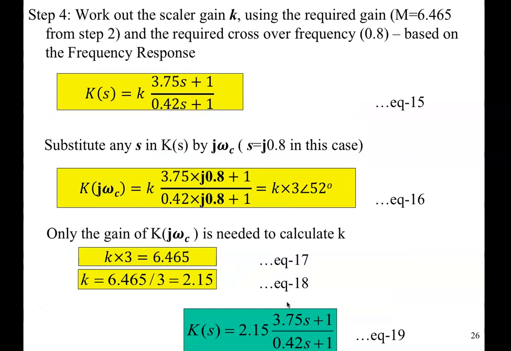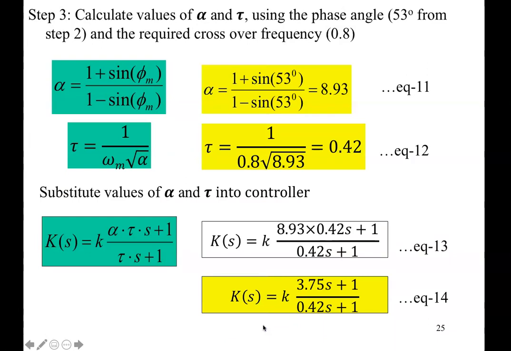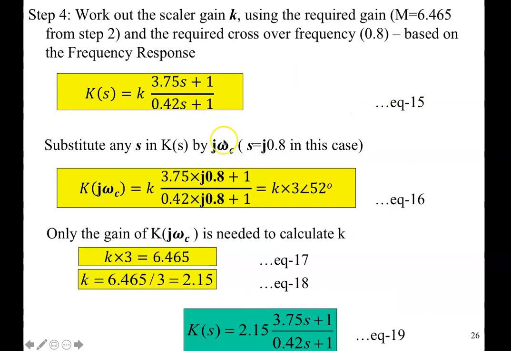To use the k value, we need the magnitude of the AC gain we wanted from the controller. That's what we worked out in step number 2. We wanted this value, 6.64. We need to use that. Now this is your controller you got from step 3, and then we want to determine this.